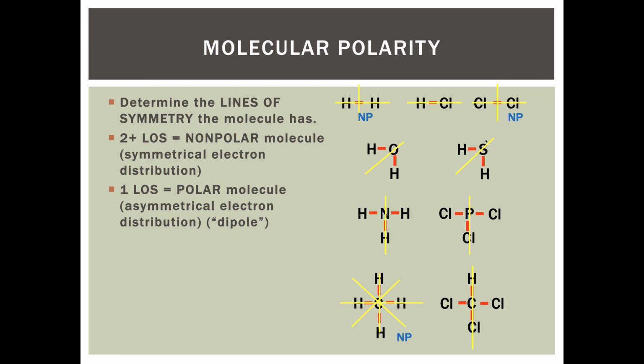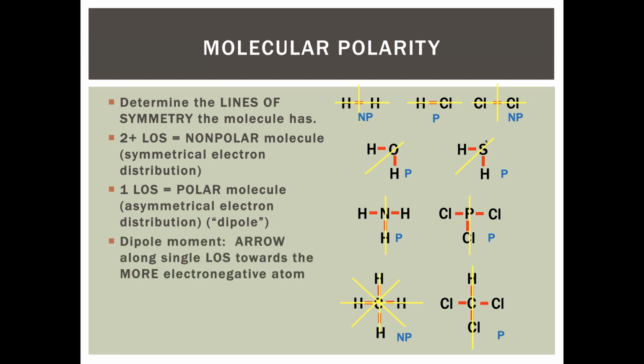We call this a dipole, where one end of the molecule is partially positive and the other end is partially negative. Because of this asymmetrical charge distribution, any molecule with only one line of symmetry would be considered a polar molecule. It doesn't even have to live in the Arctic, because that would be a polar bear.